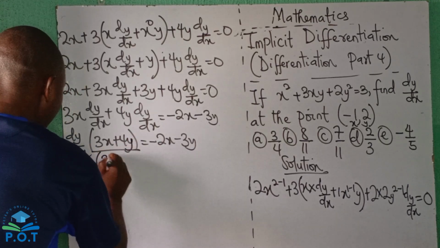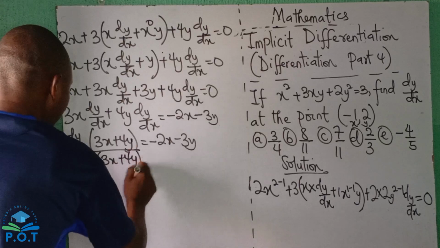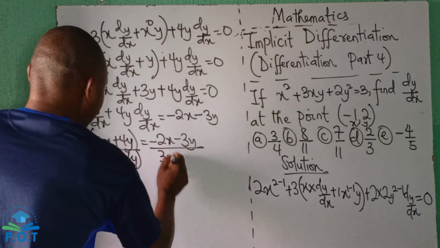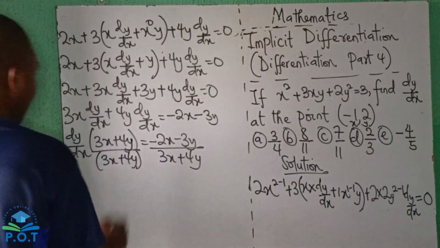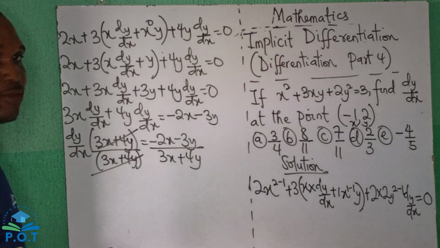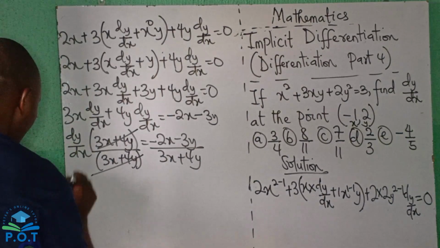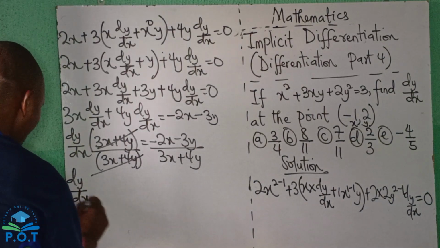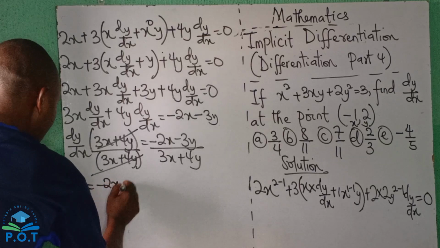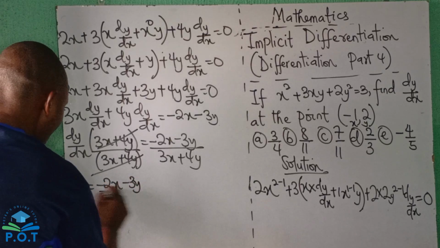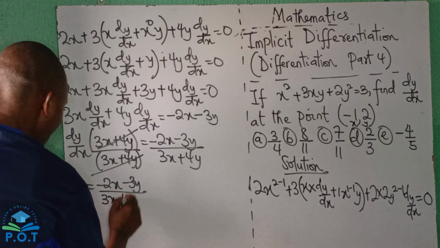Now this and this goes off, so dy/dx is left alone. So I'm having dy/dx equals minus 2x minus 3y over 3x plus 4y.